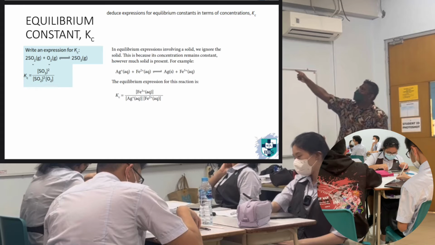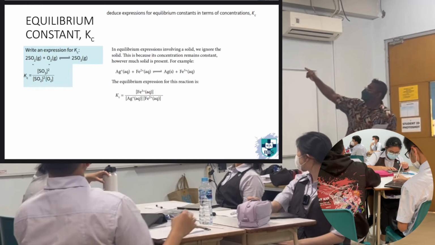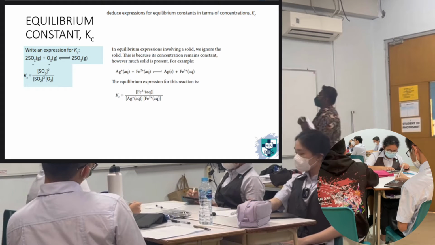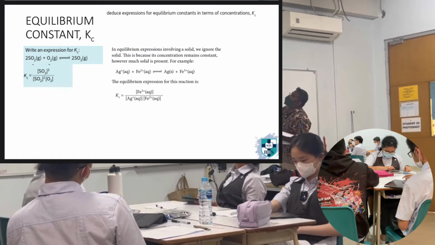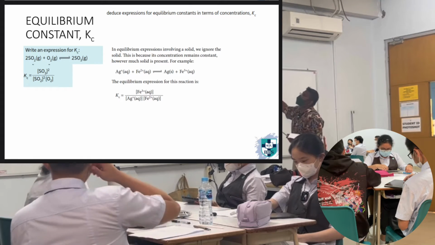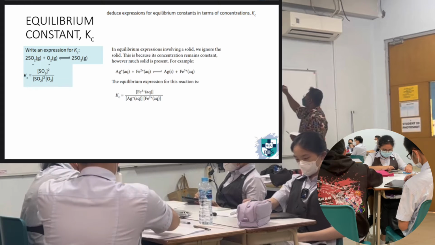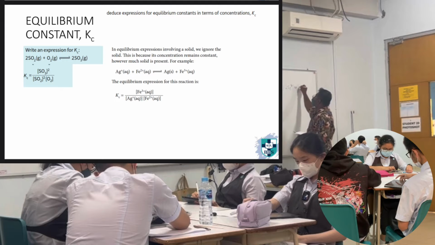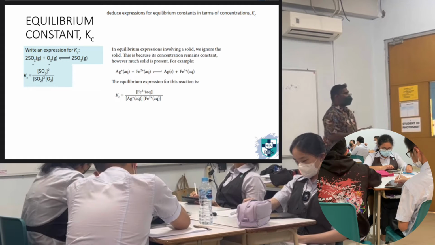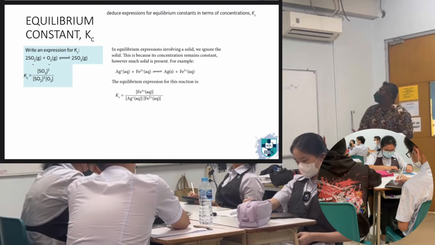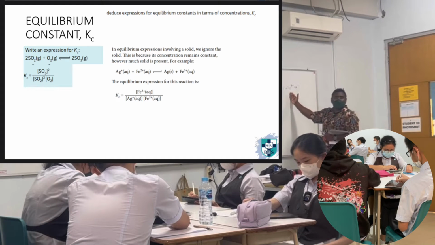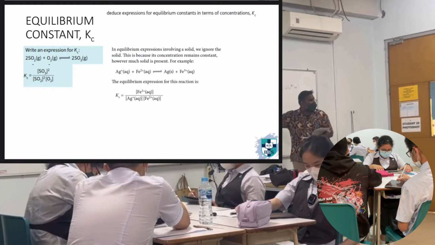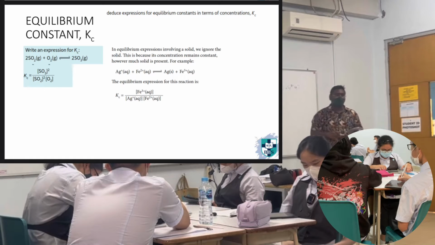Another equation is given over there: Ag+ aqueous plus Fe2+ aqueous gives Ag solid plus Fe3+ aqueous. When I write down the Kc expression, it's supposed to be this concentration times this concentration divided by this concentration and this concentration. But if you look over there, something is missing.